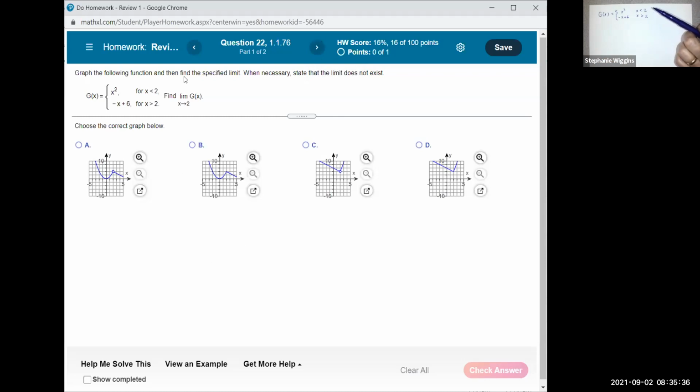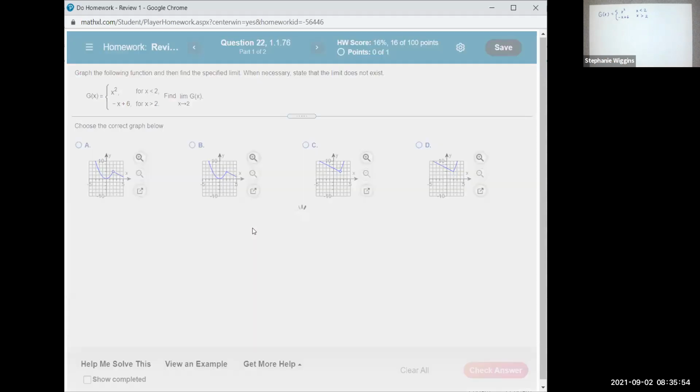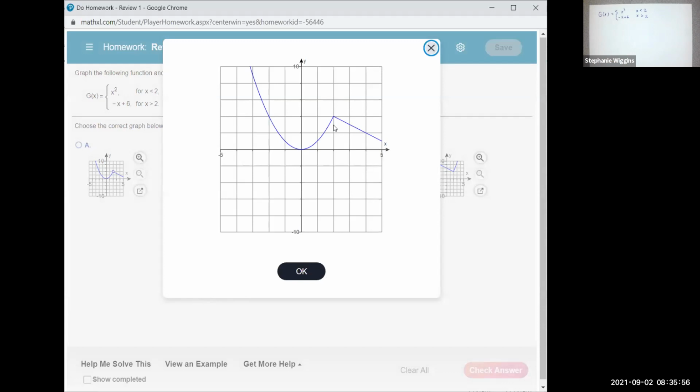And so on both sides, we have left and right hand limits, but let's check this one out. Before I do that though, we can eliminate B and D for our choices because notice for these graphs, the function value at 2 exists. There's no hole there.